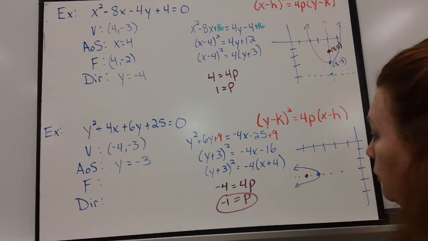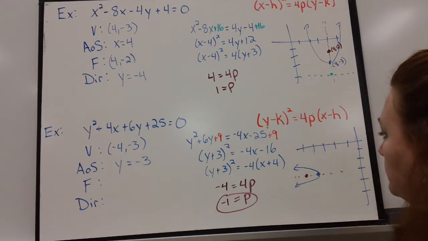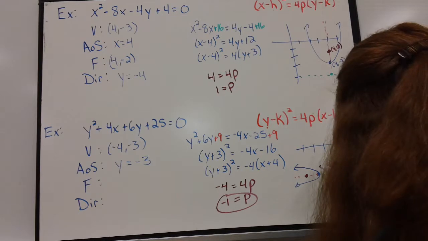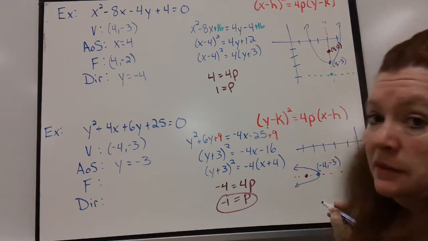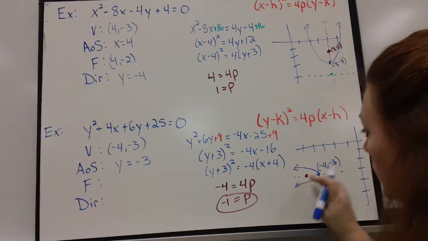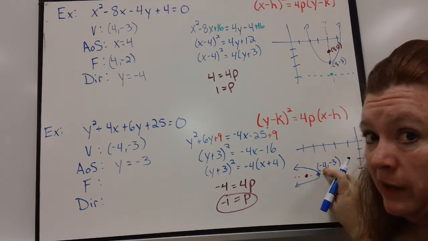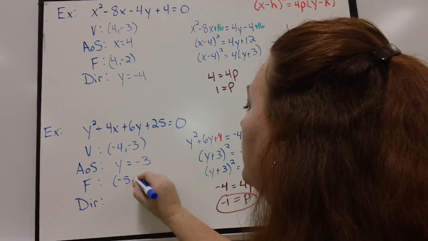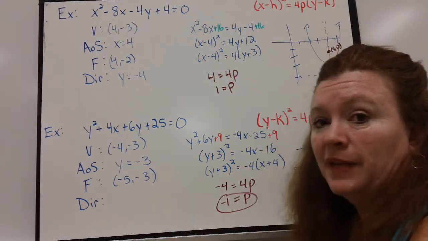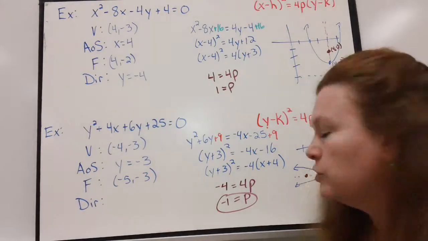So that might help you visually also. But either way, what are the coordinates of this point? Well, this one was -4, -3. If I move to the left one, to the left of a -4 is a -5. -5, -3.